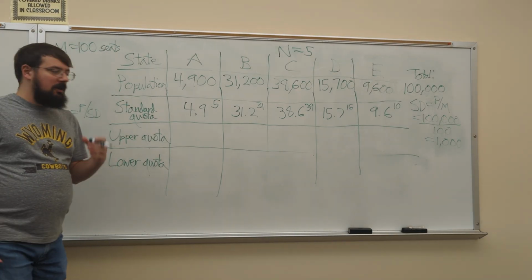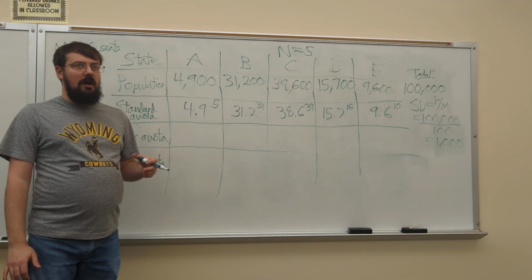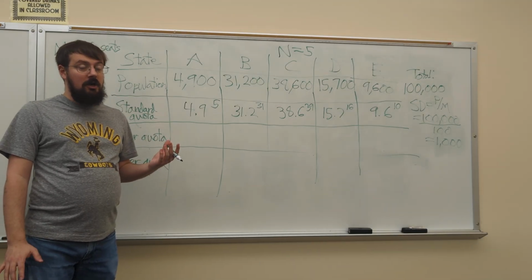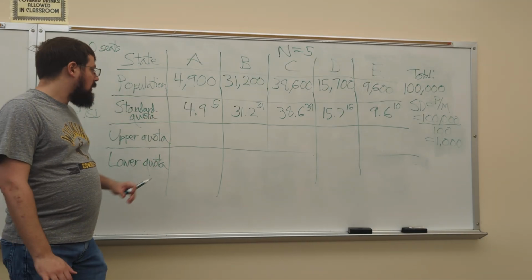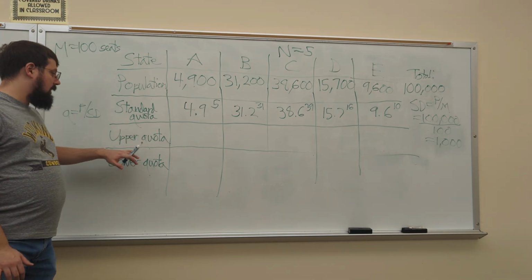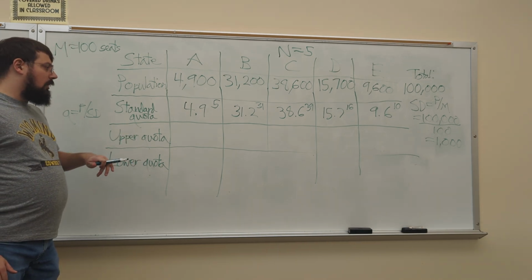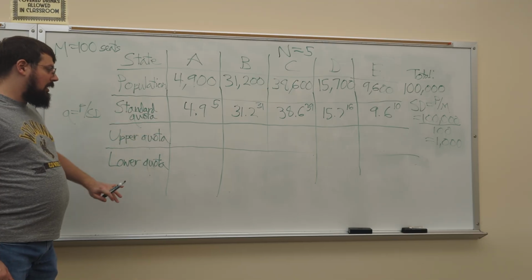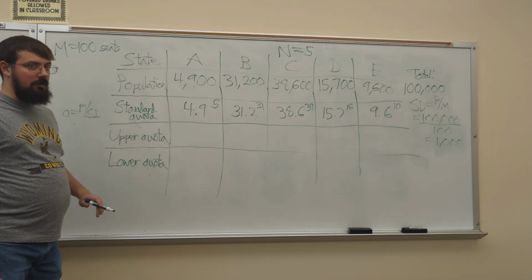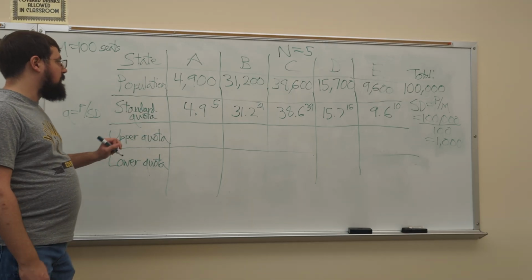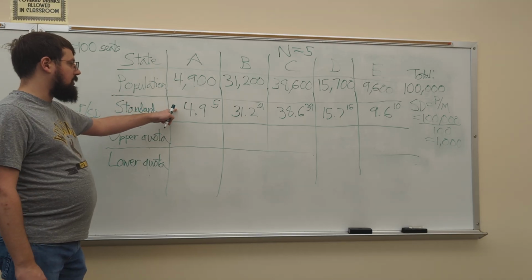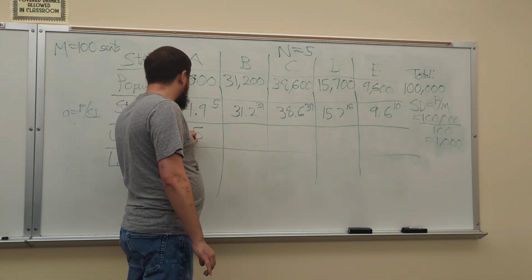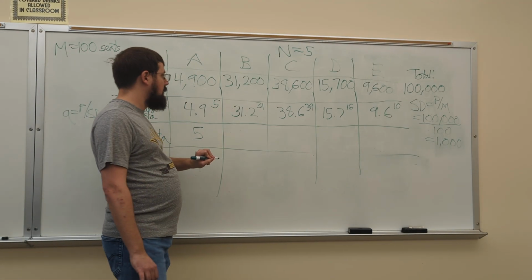So a couple of concepts that we'll use for some of the apportionment methods that we'll talk about in the next few videos are what we call the upper quota and the lower quota. So all that those are, the upper quota is just the standard quota rounded up, the lower quota is just the standard quota rounded down. So for A, we have 4.9 as our standard quota, so upper would be 5, lower 4.